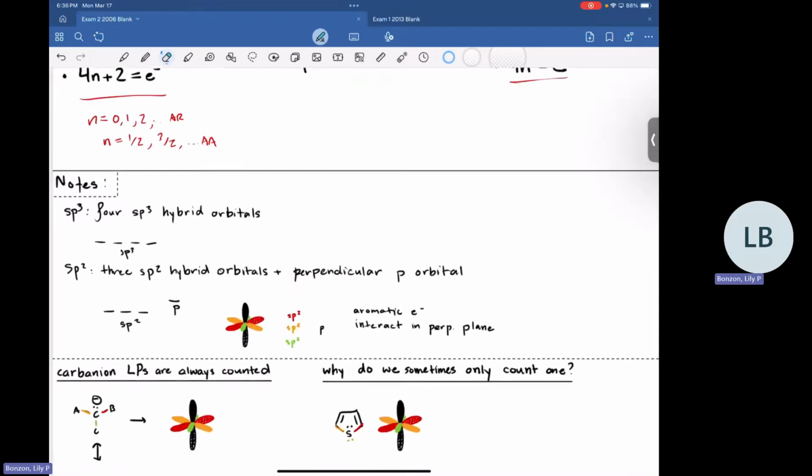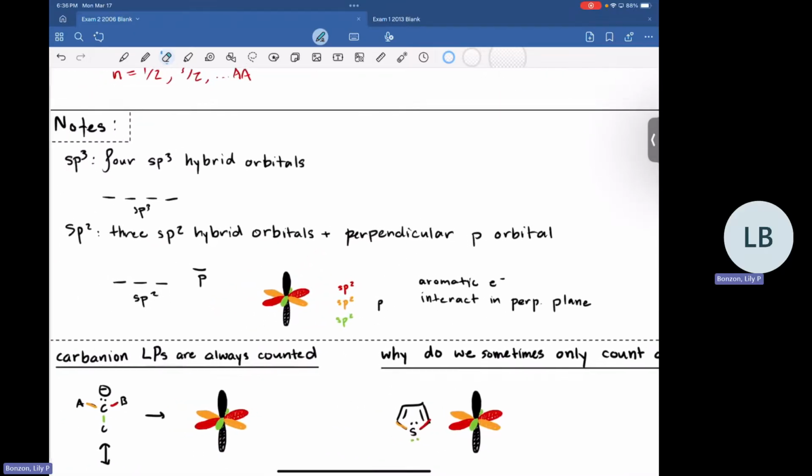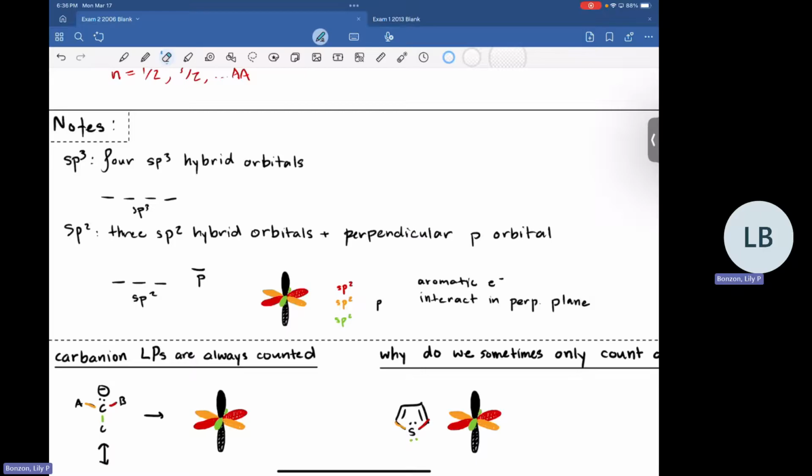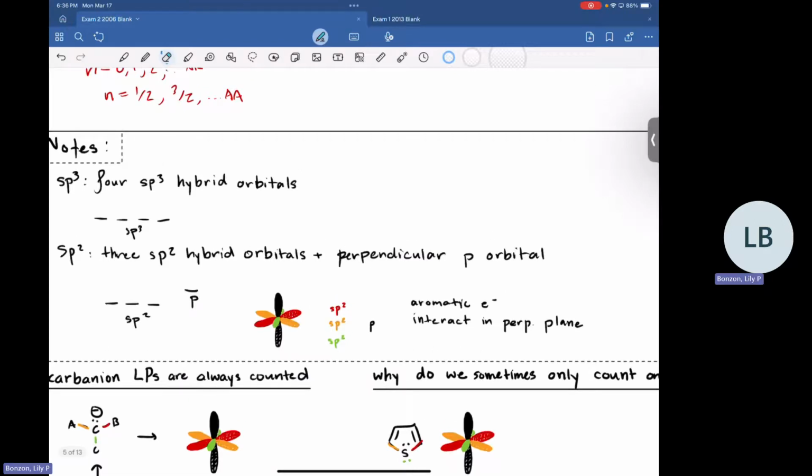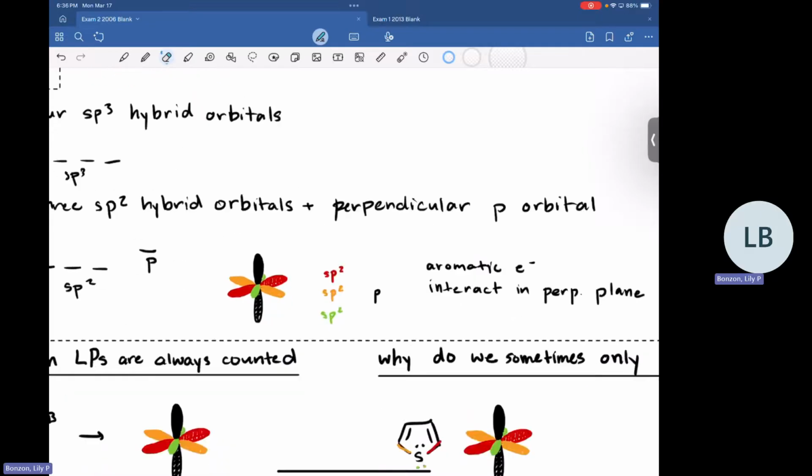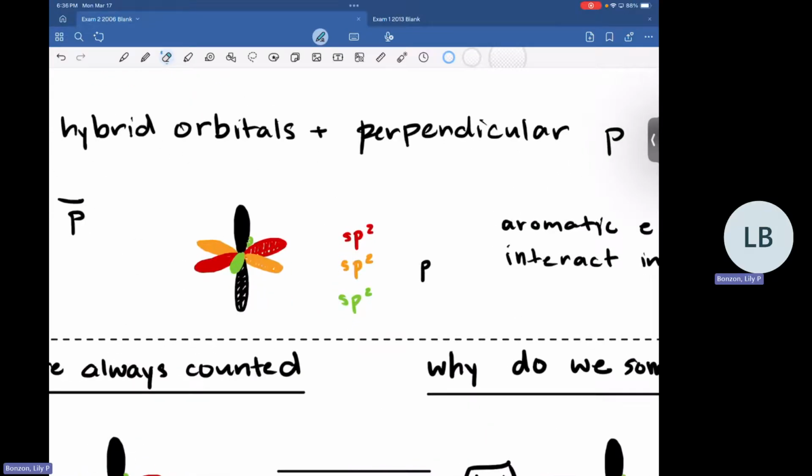Yeah, so I kind of mentioned this. Not really, actually. So sp3 versus sp2. Whenever a molecule is sp3 hybrid, we have 3 sp3 orbitals that are on the same level. sp2, we have 3 sp2 hybrid orbitals and then 1 p orbital that's not in the same plane. I have a little drawing here. I tried to make it 3D.